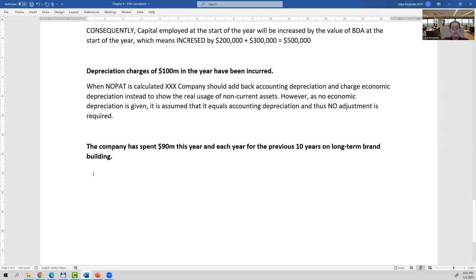So as the cost of brand building relates to long-term value creation, the 90 million should be added back to the notional operating profit calculation.